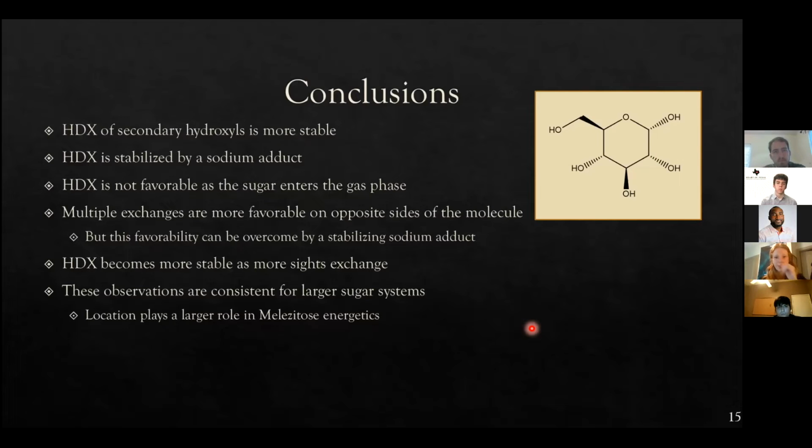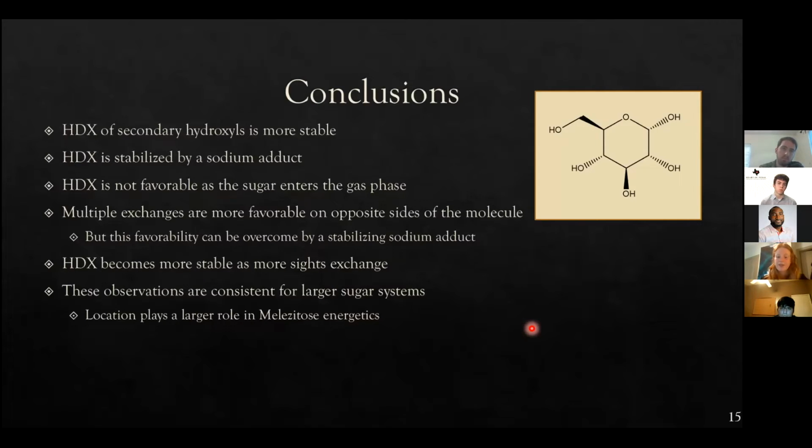So I'm purely computational. One of our grad students just graduated, and the work I was doing was supporting a lot of what she had done. She was seeing particular scrambling patterns in her investigations of HDX, and she wanted to better understand why we were seeing this particular fragment, this particular scrambling.